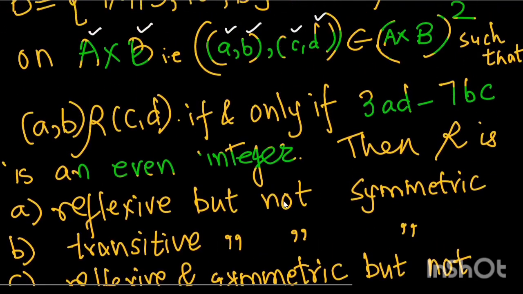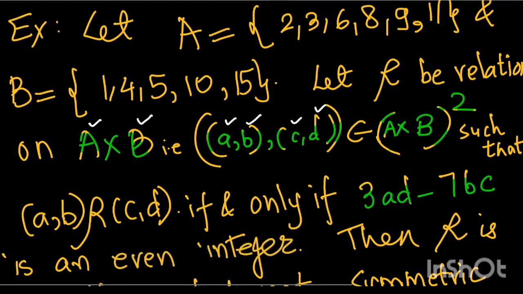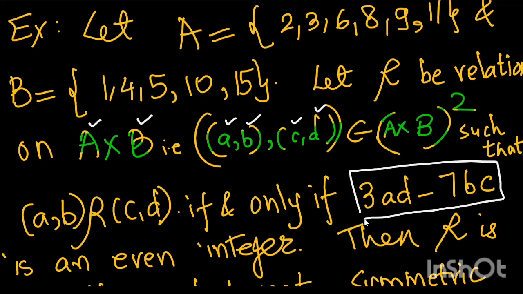So how can we approach this, guys? As you can see, the value of 3ad minus 7bc depends on a, b, c and d, which depend on set A and set B, which contain even and odd numbers.